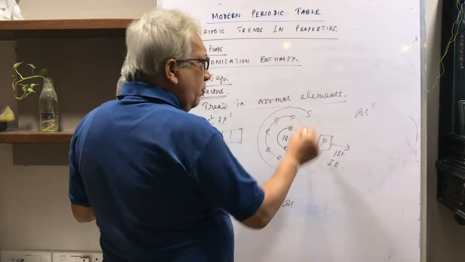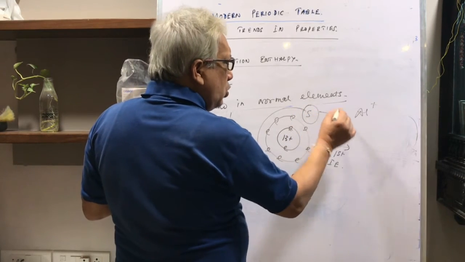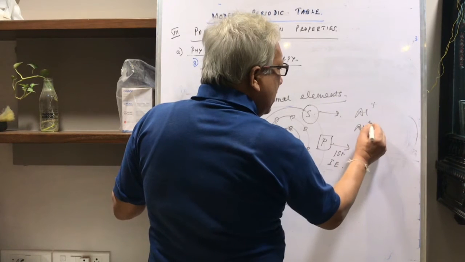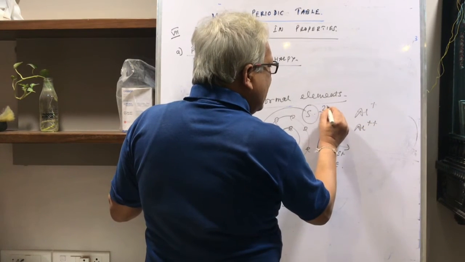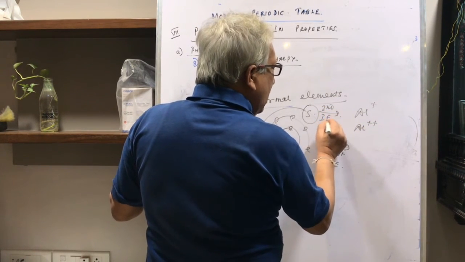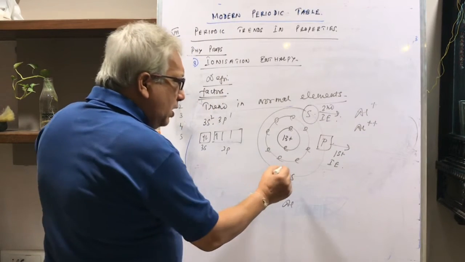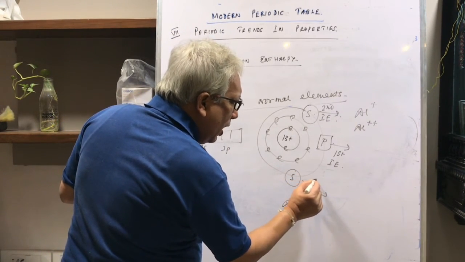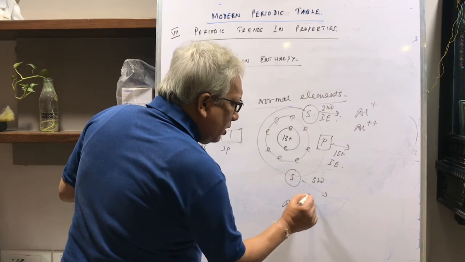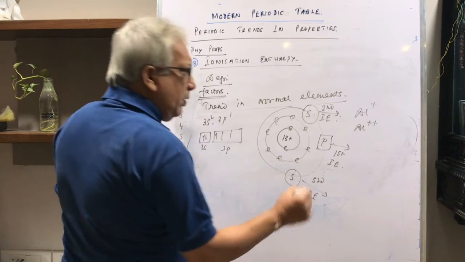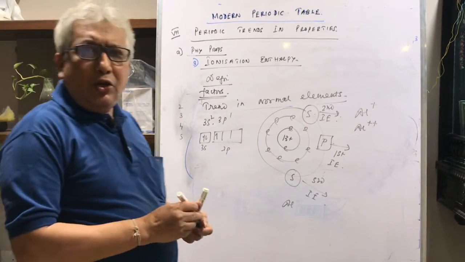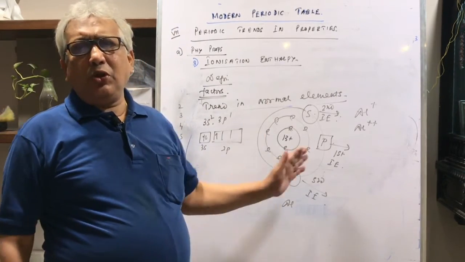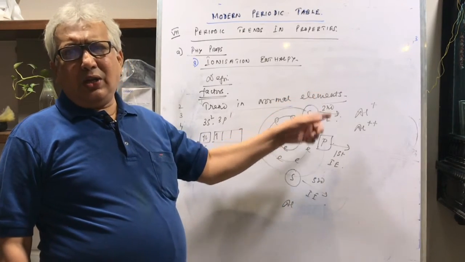Then any one of them, let us say this one will go, and when this goes it will become Al2+, that is called second ionization enthalpy. And then I remove this one, then this is called third ionization enthalpy.